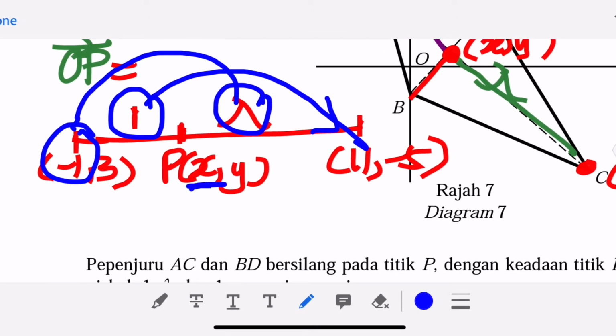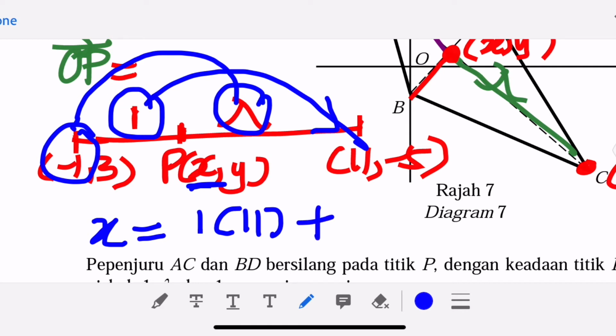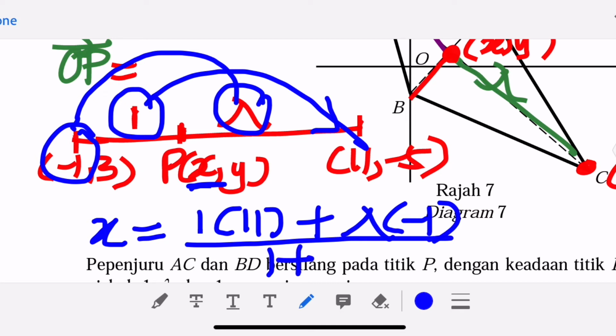So we can say that x is equal to 1 times 11 plus lambda times negative 1, over the total ratio 1 plus lambda, for the x.